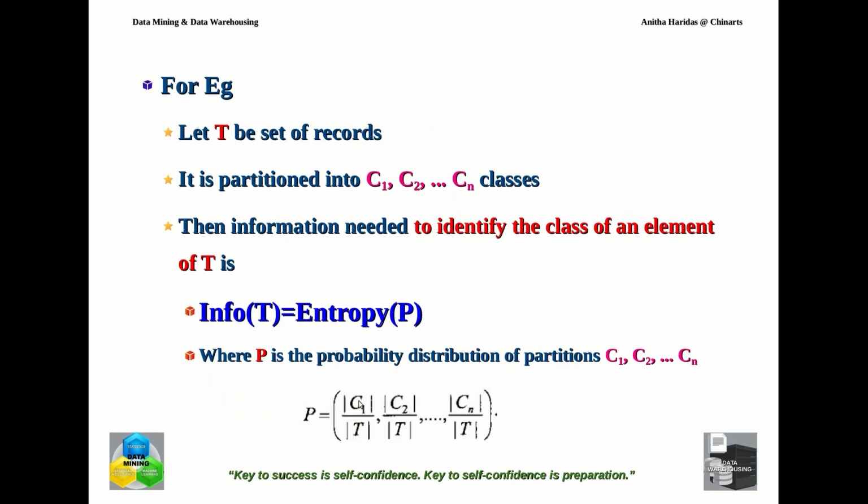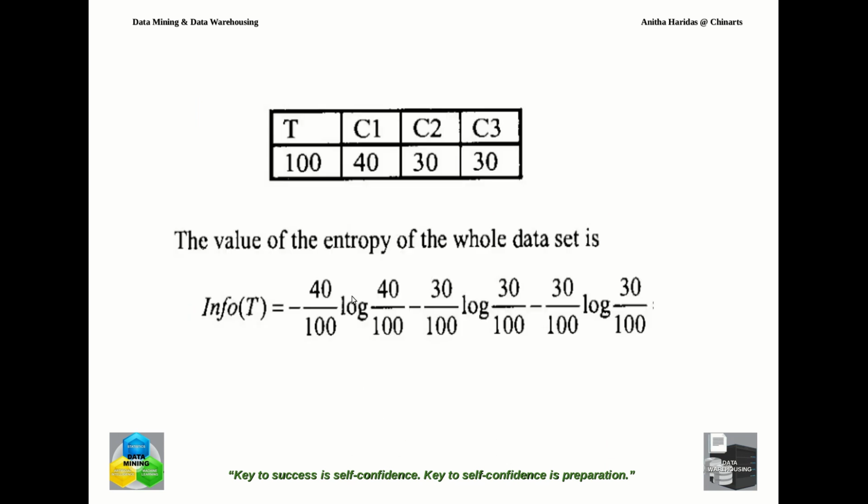What is P1? The total number of records in C1 divided by the total number of records. The total number of records of C2 divided by the total number of records in T. So that is what is given here. How many records are there in C1? 40 divided by 100 times log of 40 by 100. So this is P1 log P1.